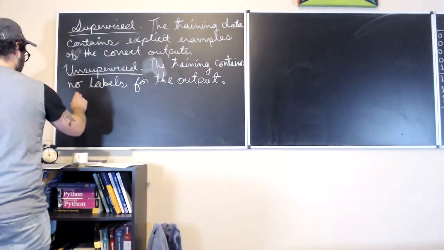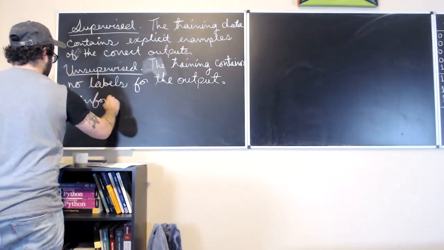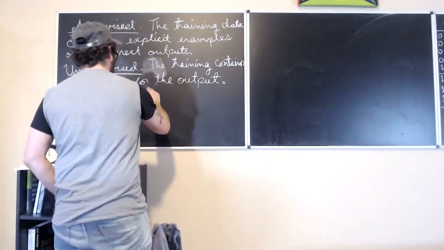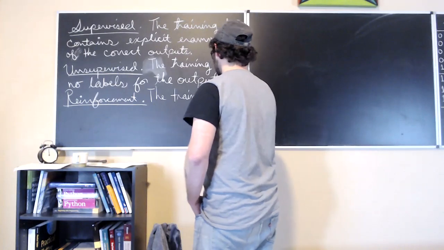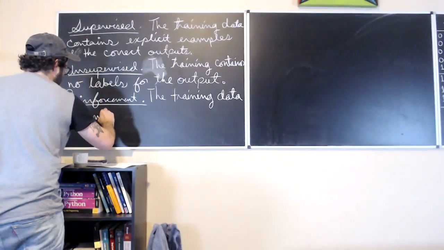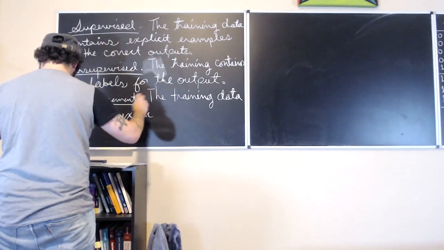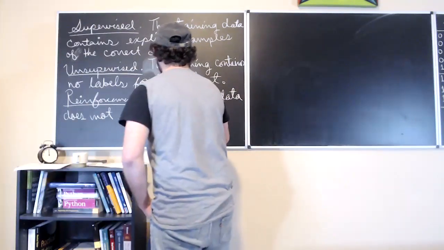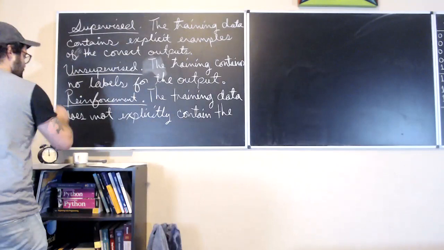And finally, we have reinforcement learning. Here, the training data does not explicitly contain the correct outputs for the features.